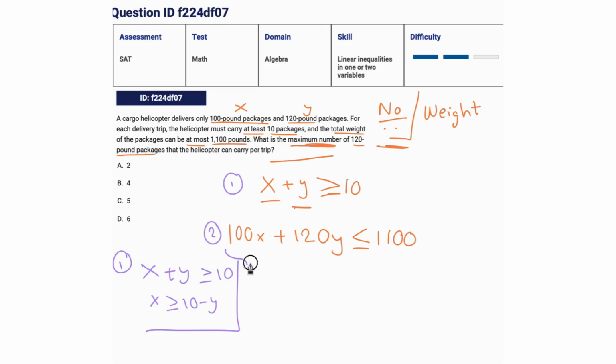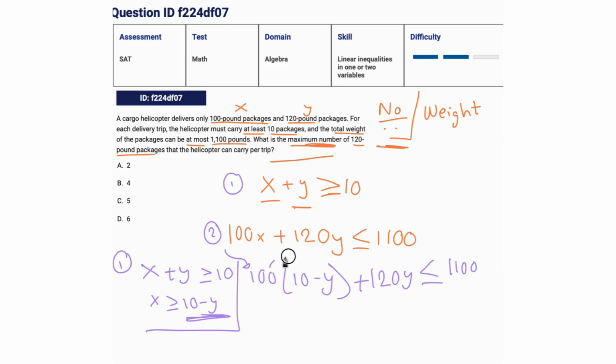Here, 100x plus 120y is less than or equal to 1,100. I'm going to substitute x with this thing we've just found out. 100 times (10 minus y) plus 120y is less than or equal to 1100.